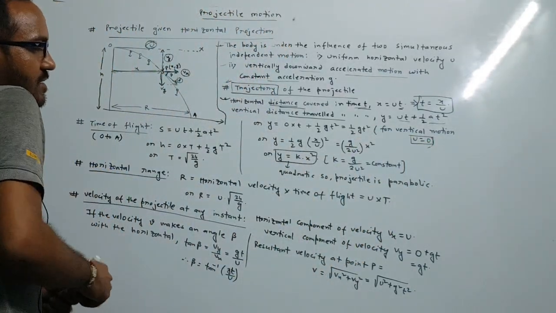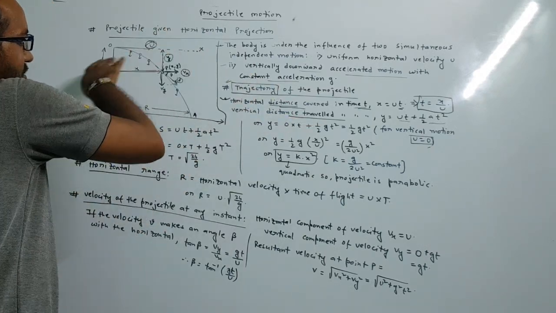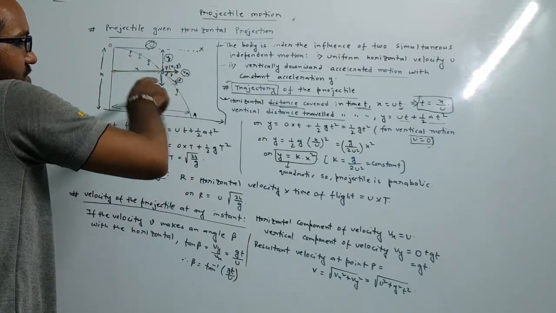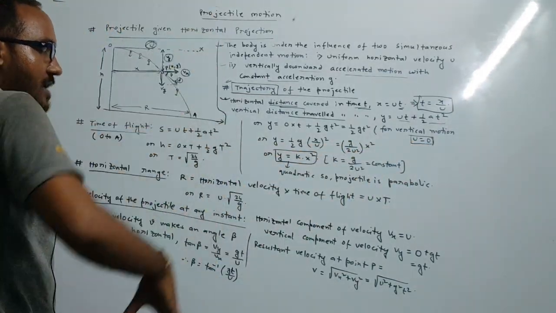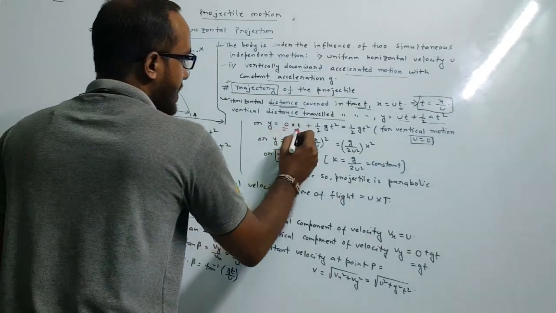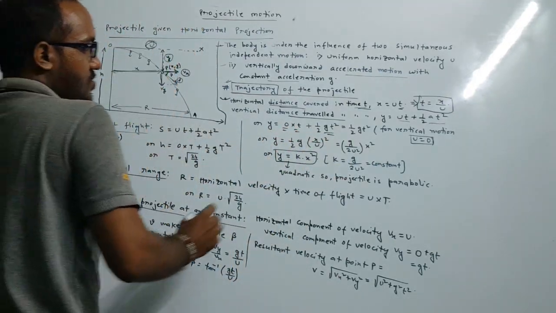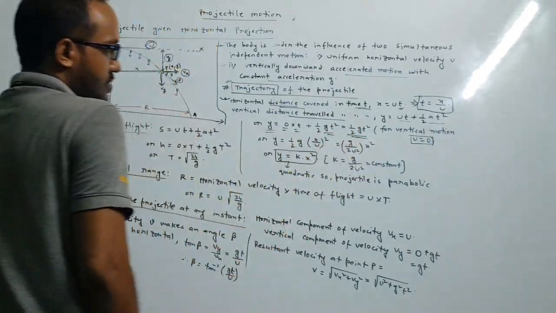For vertical motion u should be 0, because u is in our horizontal direction. So we will consider that the initial velocity is 0 for vertical motion. So 0 into t plus half, and the acceleration is downward, so g t square. So we got y equals half g t square.